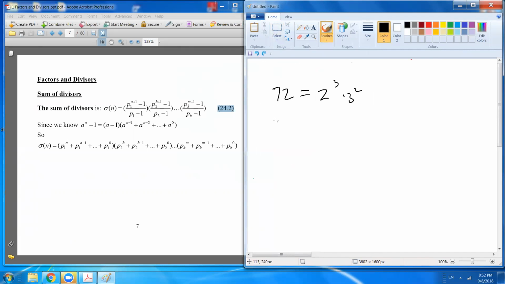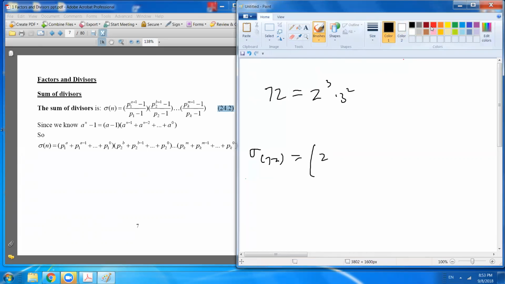And this is the way, okay? We use this. 72, sigma, the Greek letter. Now we do this. We take the 2 power. This is 2 power 3, right?